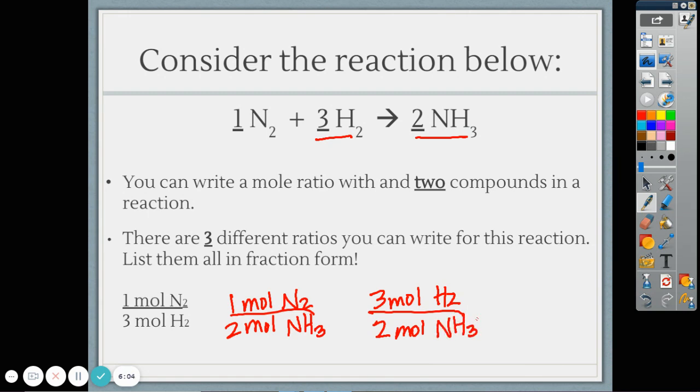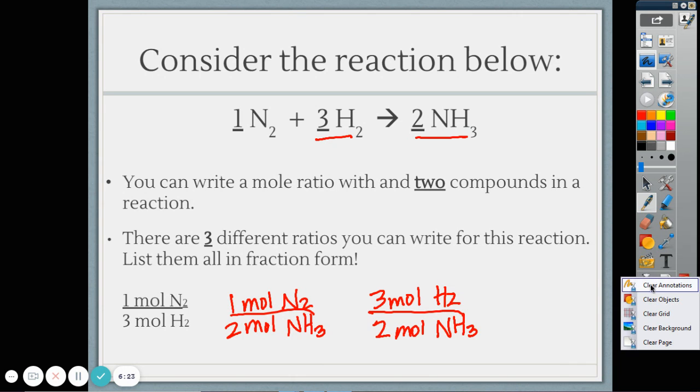So when I read a question, what I would do is just focus in on whichever 2 compounds in the chemical equation it's asking me about, and specifically what their ratio is. And then this is what we're going to use as a conversion factor.